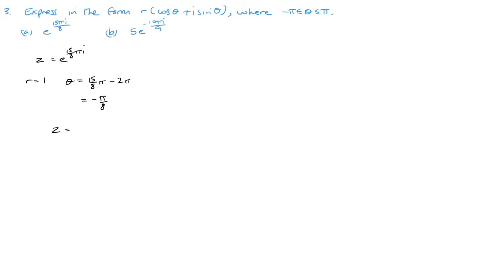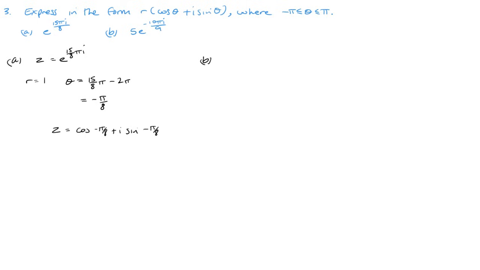So z equals cos of minus pi by 8 plus i sine minus pi by 8. And I don't need to change the signs within here. We'll just leave it like that. That is now between pi and minus pi. So that one was A.